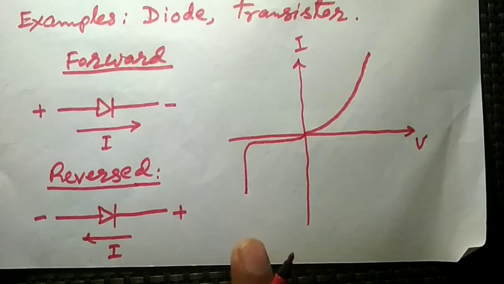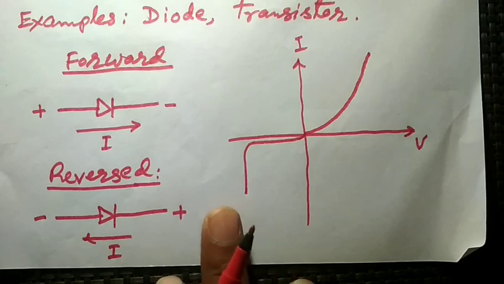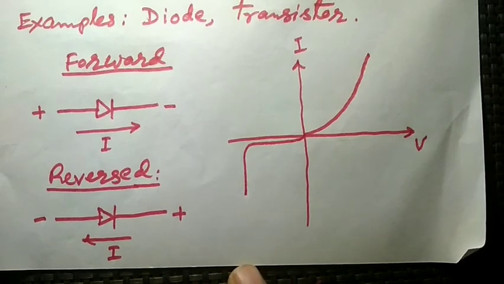So in this case, the direction as well as the magnitude of the current will be changed with the change in polarity across the diode. So this is called the unilateral element.